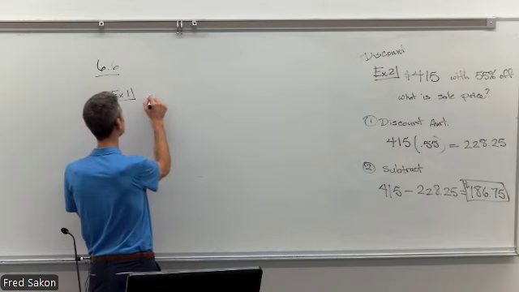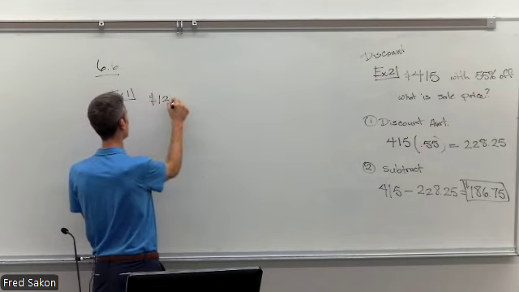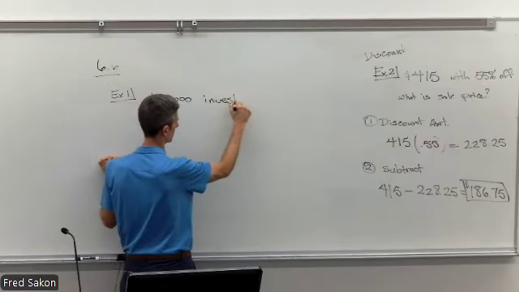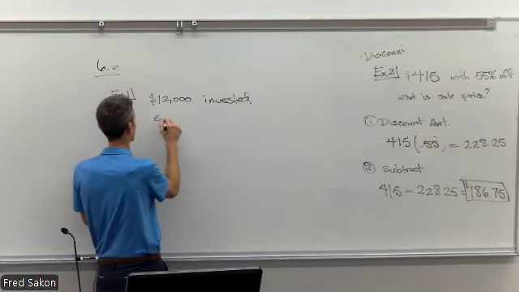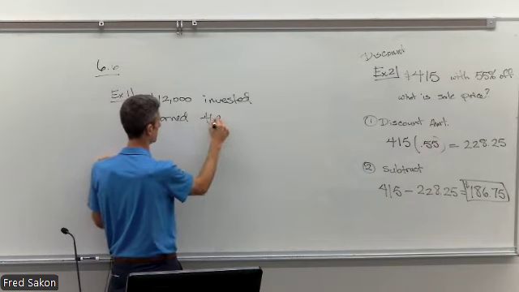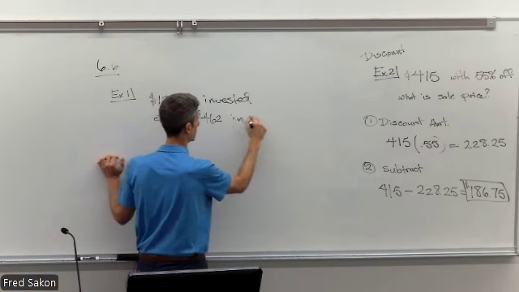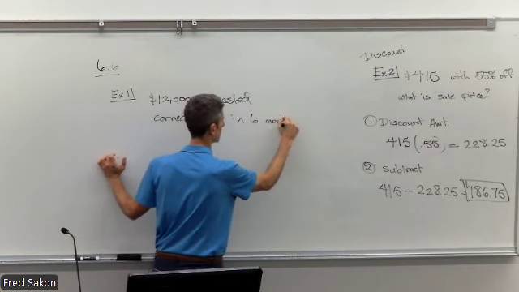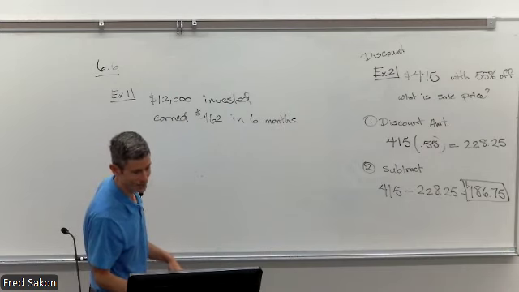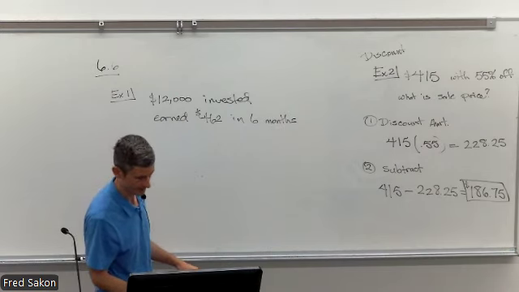So $12,000 invested earned $462 in 6 months times the annual simple interest rate.